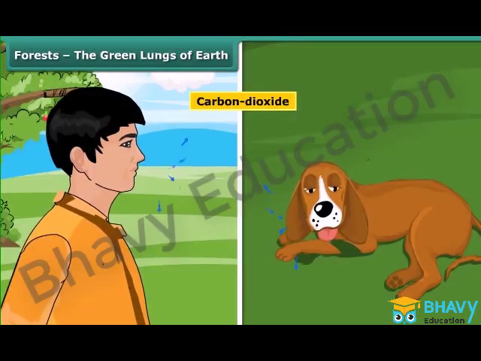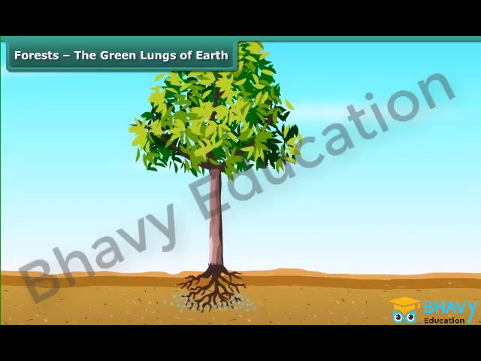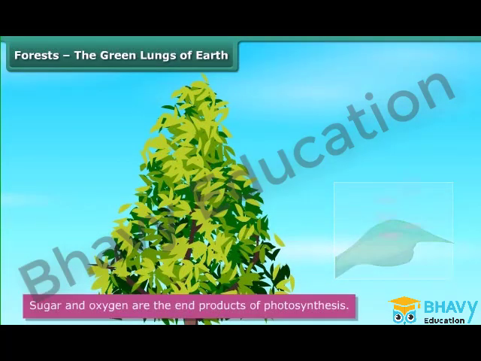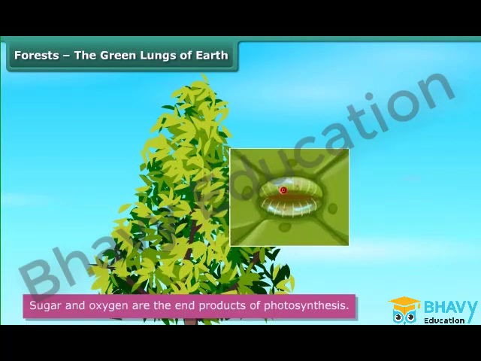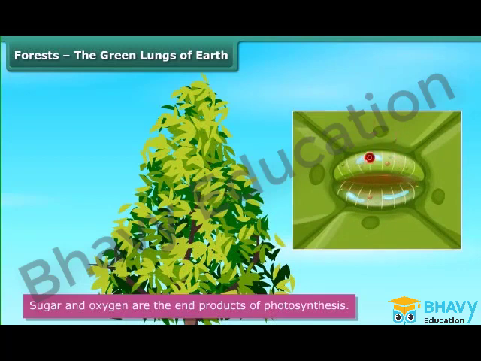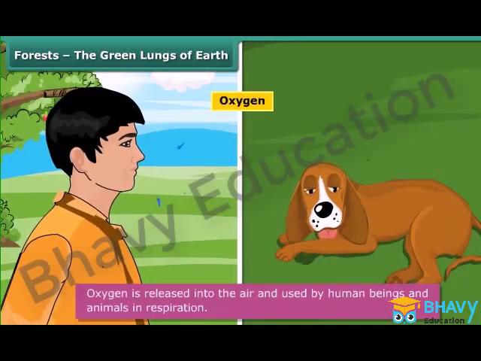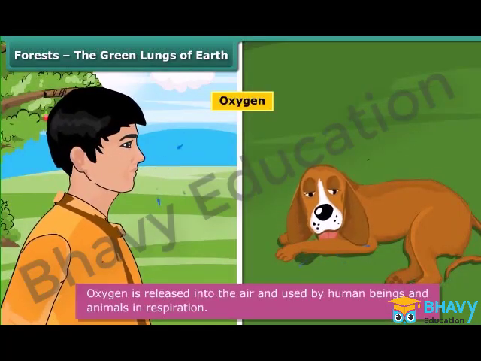Carbon dioxide is released by human beings and animals. Water is absorbed from the soil by plants. Sugar and oxygen are the end products of photosynthesis. Sugar is transported to the rest of the plant. Oxygen is released into the air and used by human beings and animals in respiration.